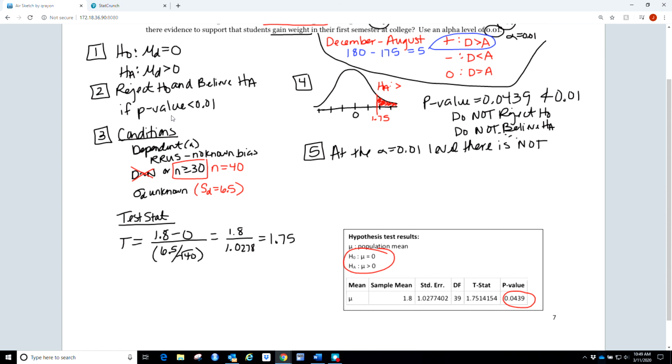So there is not statistically significant evidence to support our alternative hypothesis, but in words. So there is not evidence to support a mean weight gain for first semester college students.